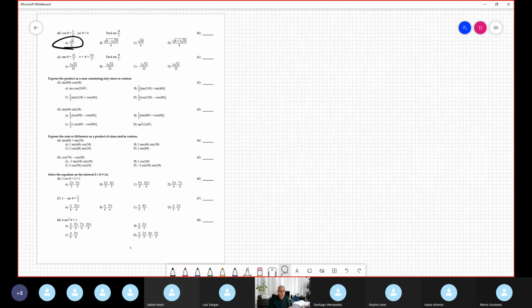Okay, now number 41: tangent theta is equal to 12 over 5; and theta, the original theta, as the information is given, lies between pi and 3 pi over 2.